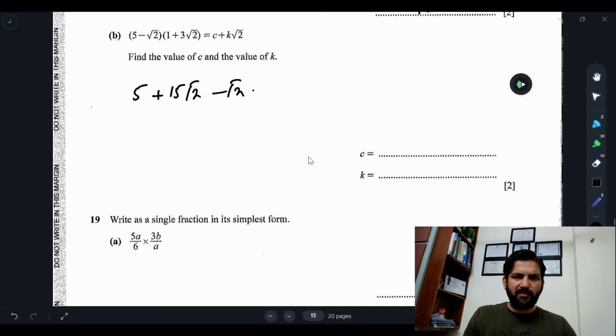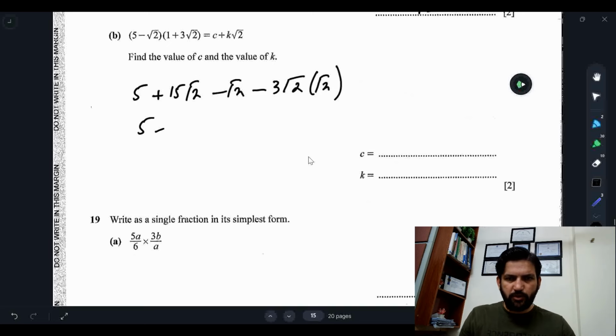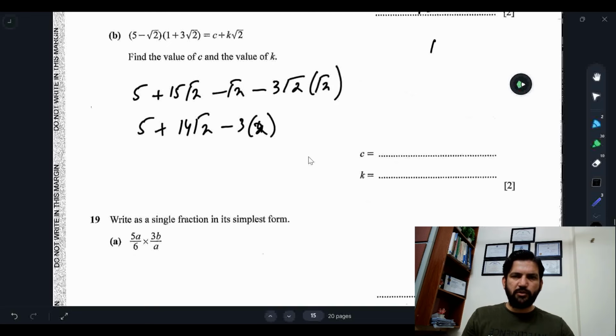If we simplify it further, this will be 14 square root of 2 minus 3 into 4. So 12, not 4, it should be 2, because we know that square root of 2 multiplied by square root of 2 will be equal to square root of 2 square, and we can cancel out these two. So this should be 2.